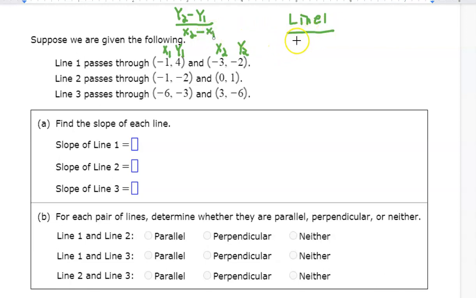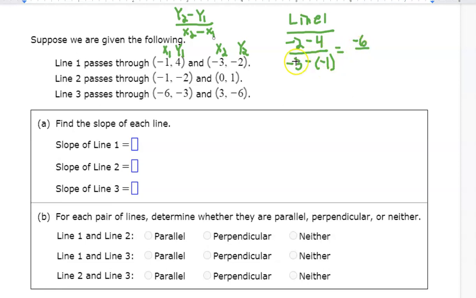Line 1, I have -2 minus 4 over -3 minus -1. Okay, -2 minus 4, I apologize, is -6.